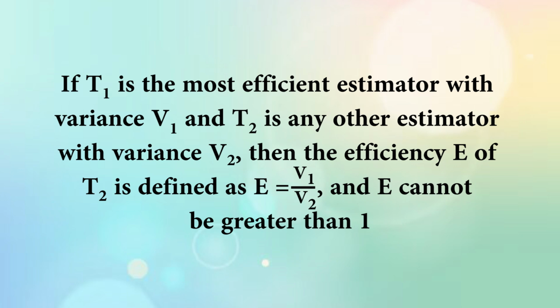If T1 is the most efficient estimator with variance V1 and T2 is another estimator with variance V2, then the efficiency E of T2 is defined as E equals V1 divided by V2, and E cannot be greater than 1.